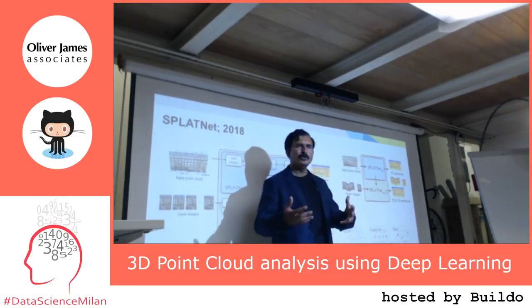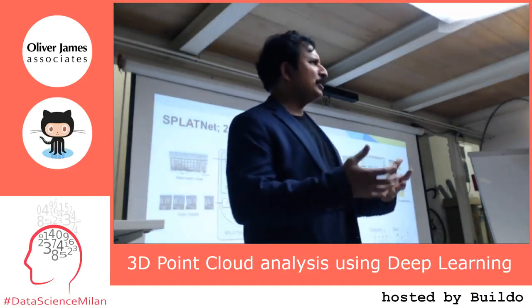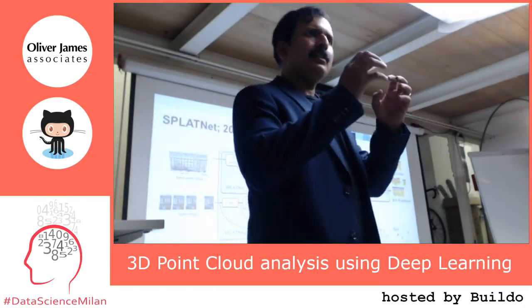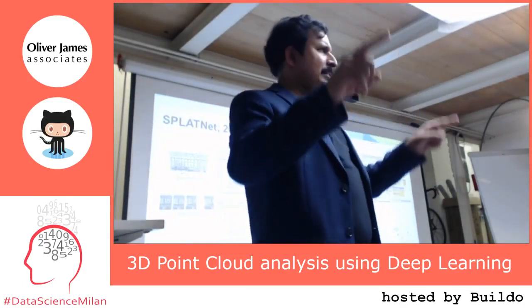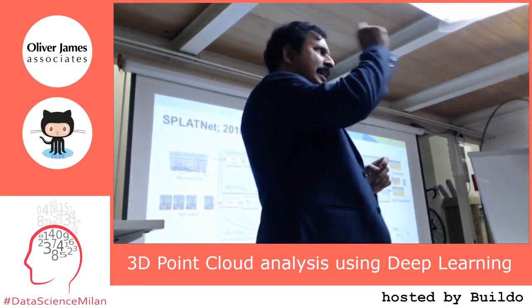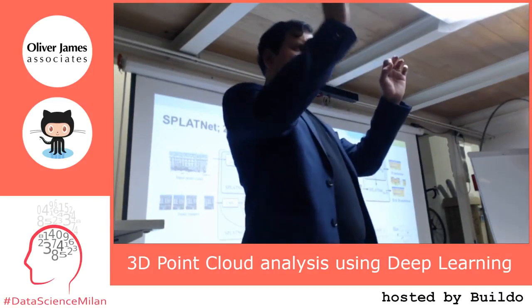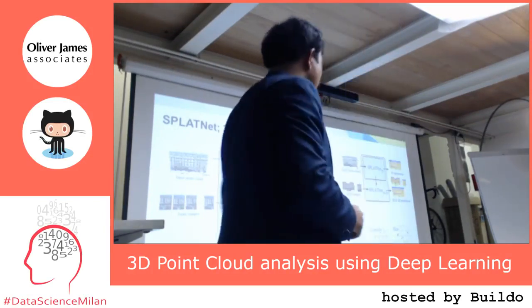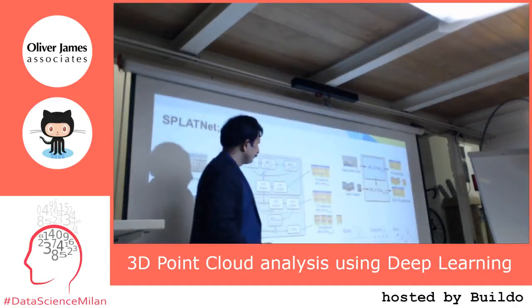And the reason you could not use regular CNNs is because CNNs look for regular organized data. For example, in an image of a cat or a dog, which is a 2D image, every pixel is arranged in a certain order and every pixel has a value. But in point clouds, not every space has a point.